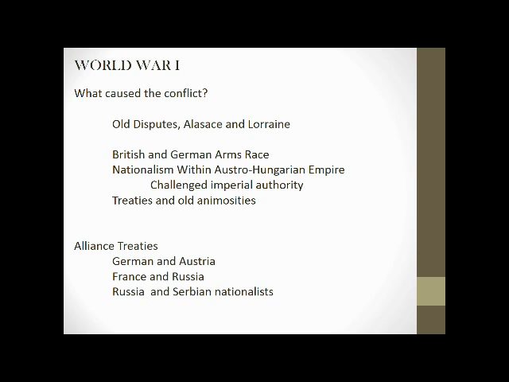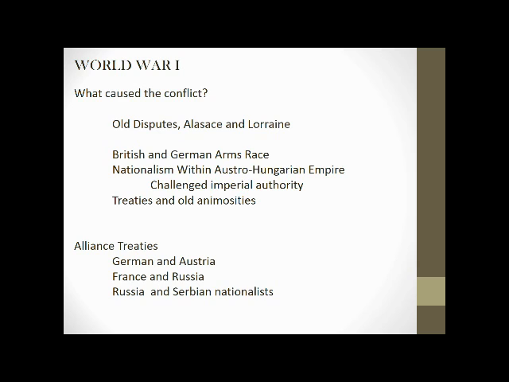Germany had become aligned specifically with Austria-Hungary. France and Russia were aligned, largely because if the Russians were at war with Germany, they wanted an ally on the other side of Germany.